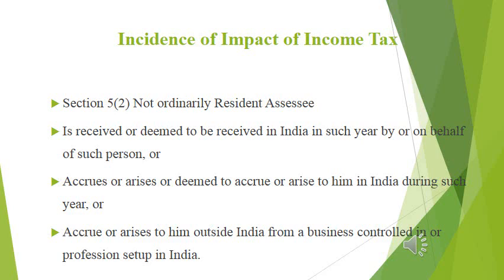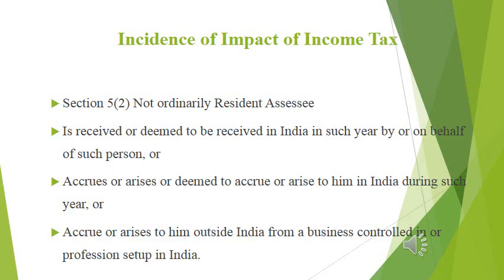One more point we have, and here there is a slight change compared with the third point of the resident assessee. Here it is very clear: accrues or arises to him outside India only from a business controlled in or profession set up in India. The aforesaid two points are the same as in the case of resident, whereas the third point is slightly changed.